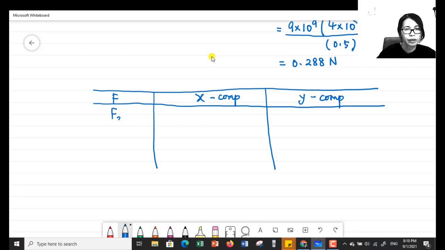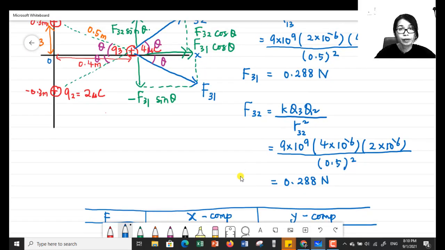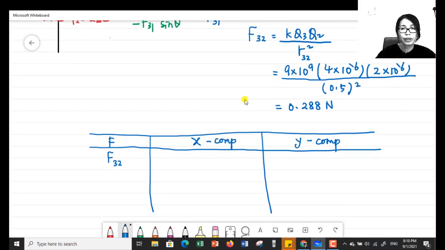For F32, we are going to have F32 cos theta. So it will be 0.288 cos 36.9 degrees. Then the component Y will be 0.288 sin 36.9 degrees.